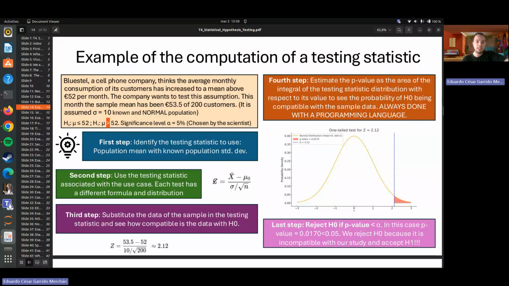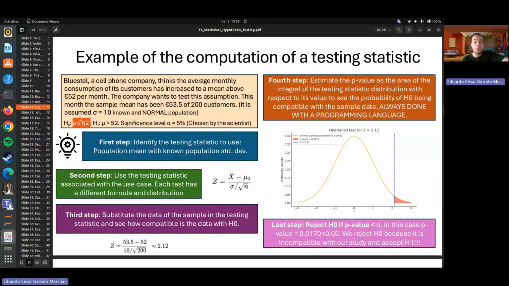So here you can see the theory is mu 0, and the standard deviation 10. If this value is compatible with this hypothesis, in this case mu lower or equal than 52, this theta value is going to fall on the white region, the region that we define as the acceptance region.